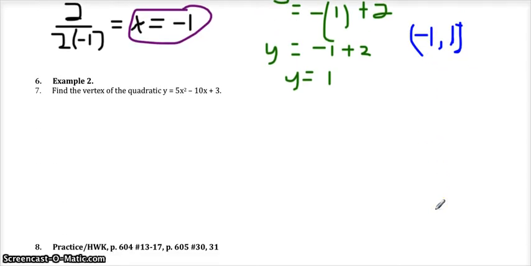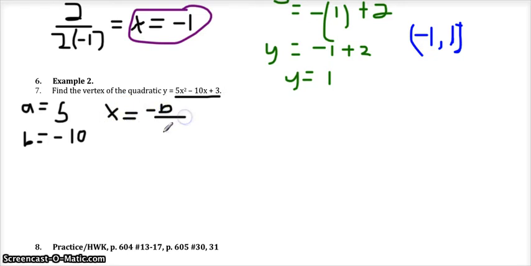Let's try the second example. Again, identify your a and b values. a is 5, b is negative 10. Remember to always make sure it's in that standard form. x equals negative b over 2a.